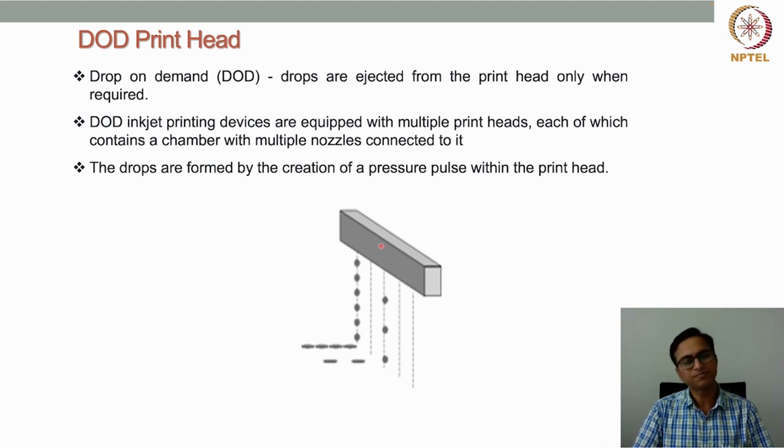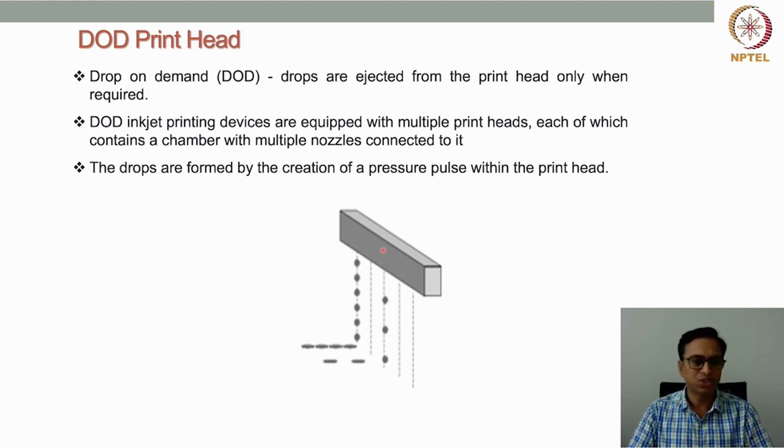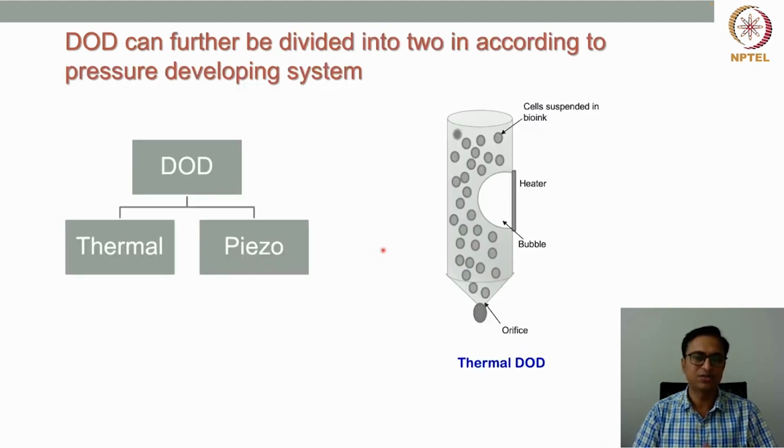Whenever a pressure pulse or a signal is given to the printer, only at that time the droplets will be generated. If no signal is given, the droplets will not be generated. We'll see how the droplet is generated in this kind of drop on demand system. Again, this system can be divided into two different types based upon the pressure developing system. Whenever the signal is given, a pressure pulse is created, and then the droplets are generated. Those two types are thermal based or piezoelectric based.